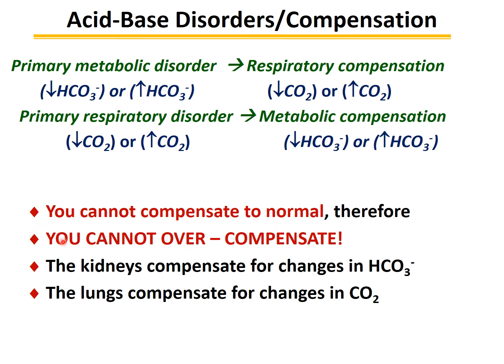If it looks like we have too much CO2 or too much bicarbonate produced, that means we have another underlying metabolic or respiratory disorder. The kidney compensates for changes of the bicarbonate, while the lung compensates for the changes of the CO2. So the kidney is the metabolic compensation, while the lung is the respiratory compensation.